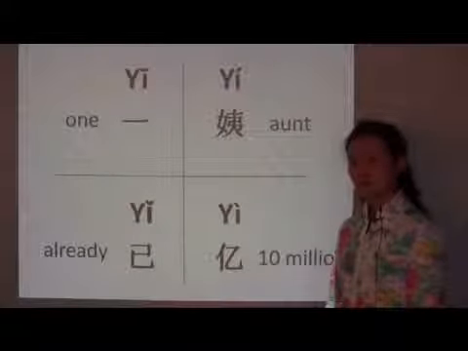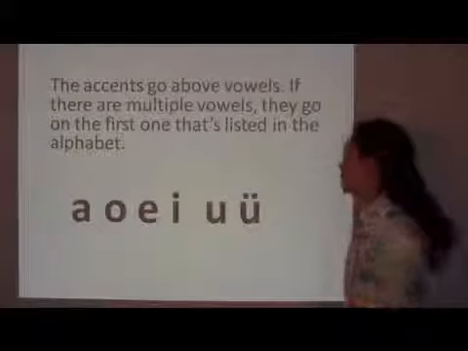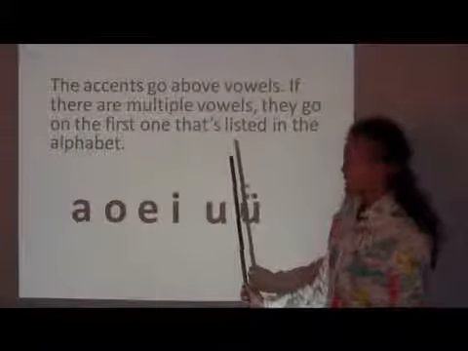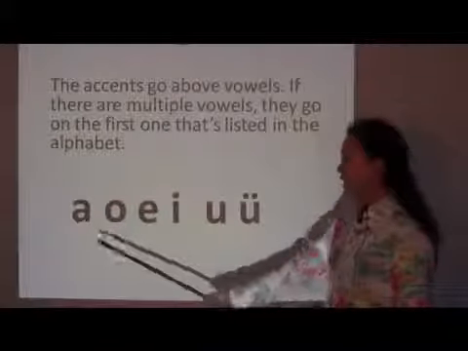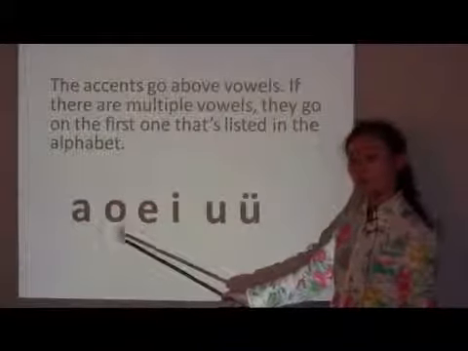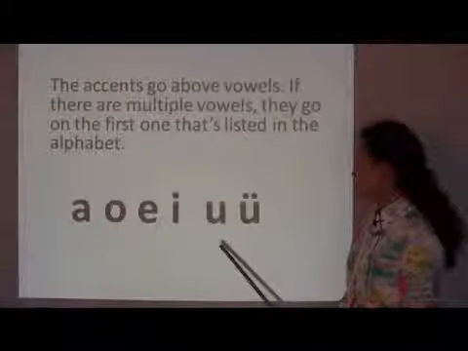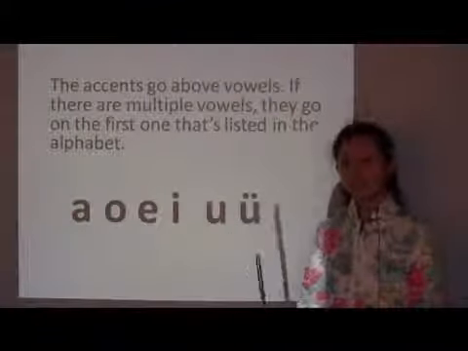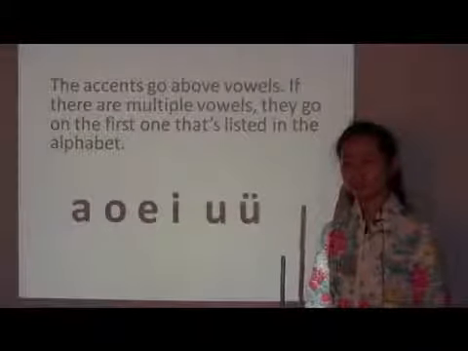Now, you might be wondering, well, when do you use them and how do you use them? In Chinese, the accents only go on the vowels. We have a, o, e, i, u, ü. In English, we say the vowels in this order: a, e, i, o, u. And that's just how we say it.